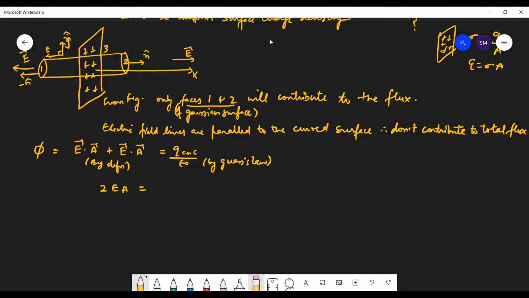We have just written that the surface charge density is sigma, so sigma equals Q by A, which implies Q equals sigma A. So put Q equals sigma A divided by epsilon naught.